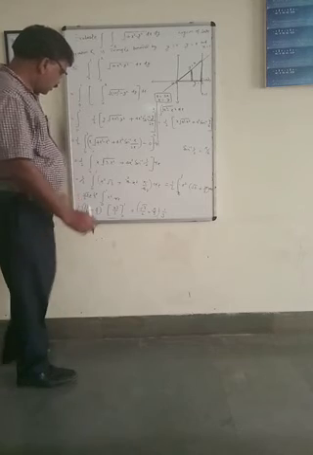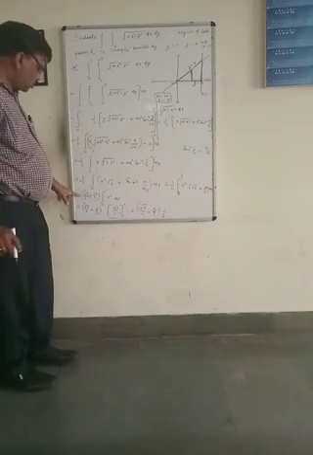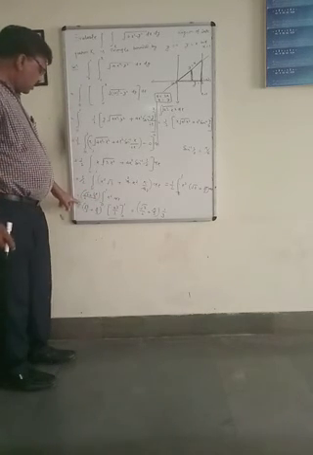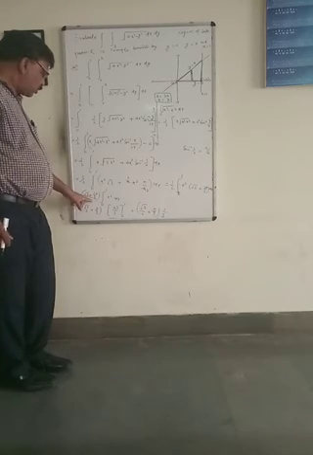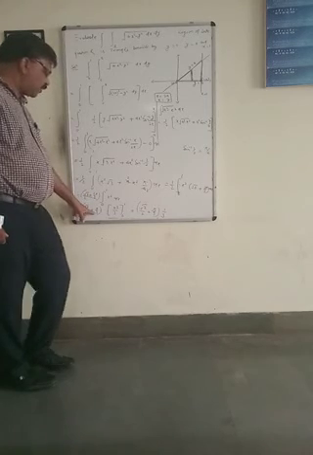It gives root 3 by 2 plus 2 pi by 3 by 2. Again divided by 2, it gives root 3 by 2, and 2 is cancelled by the 2 and it gives pi by 3.